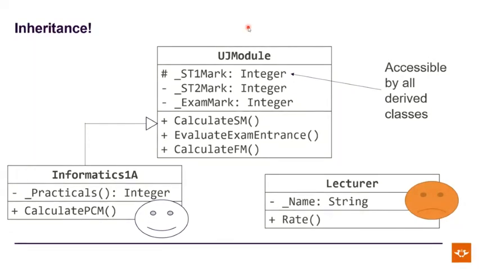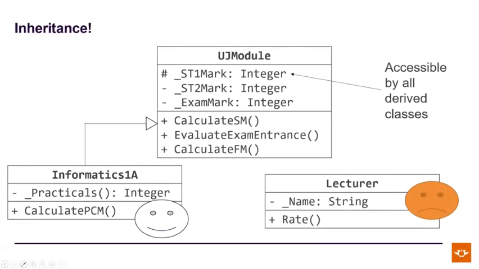I cannot see it. Only classes that inherit have access to protected information. So it stays within the family. You guys okay with that point?